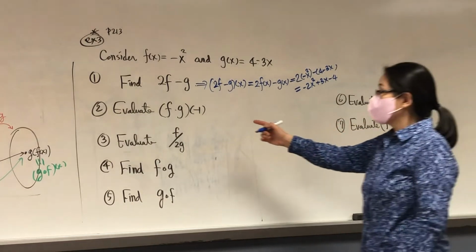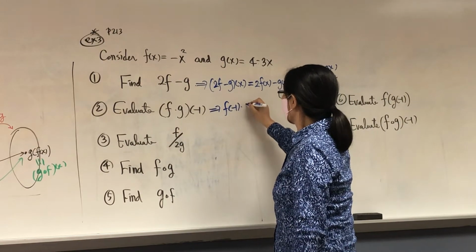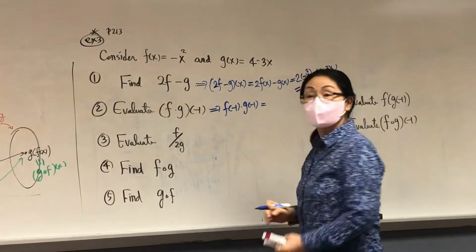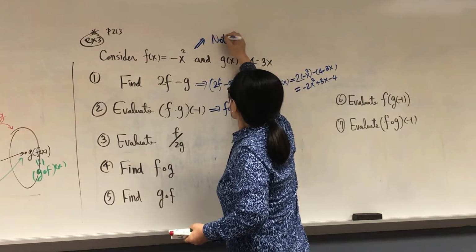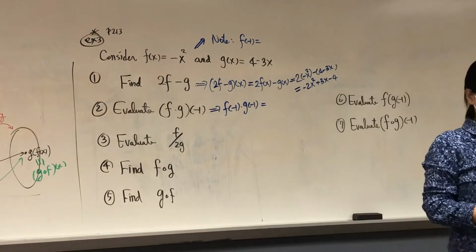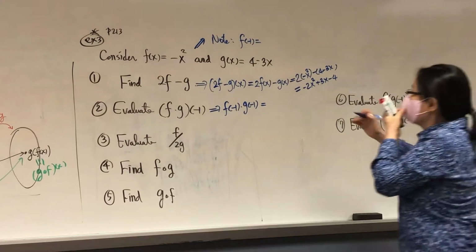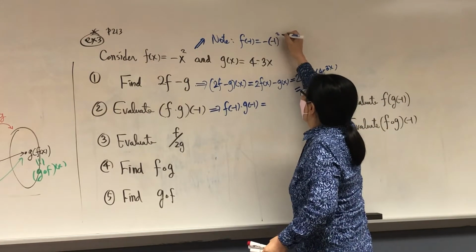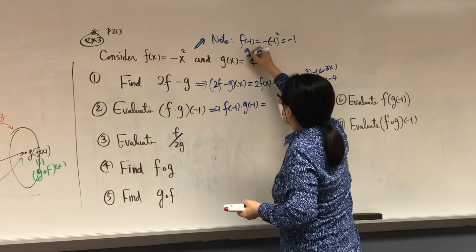What about this multiplication? From the definition, what is it? So here, let's figure out the value. What is f of negative 1? It's negative 1, because negative 1 squared times negative. Yes, thank you. What about g of negative 1?